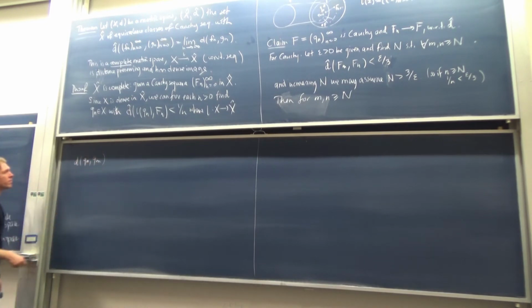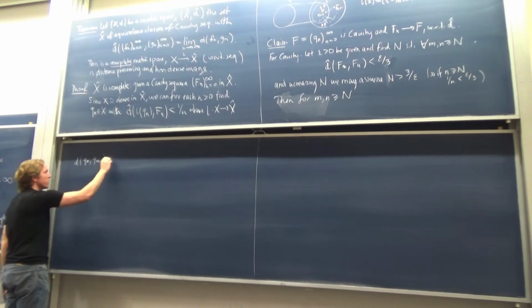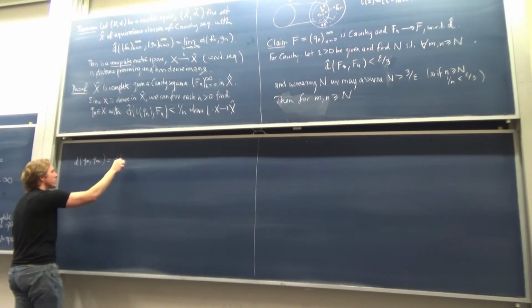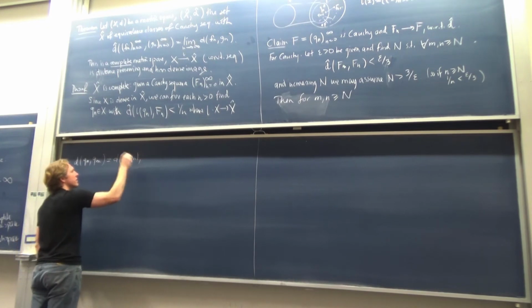This is in X, but the embedding of X into X hat is distance preserving. We showed that last time, so that's obvious from the definitions. So that's the same as this.